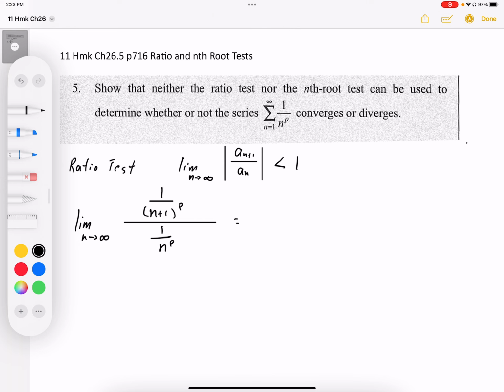Okay, so we're going to rearrange that. Limit as n approaches infinity of n to the power p over (n plus 1) to the power p.